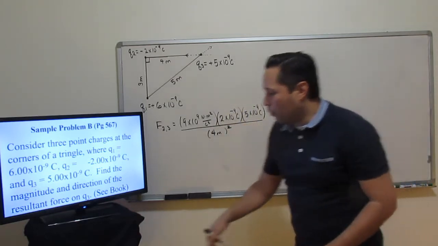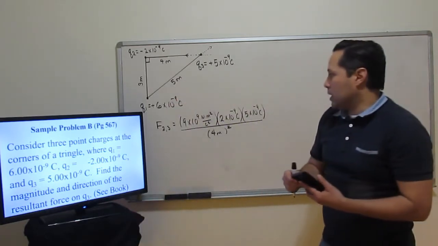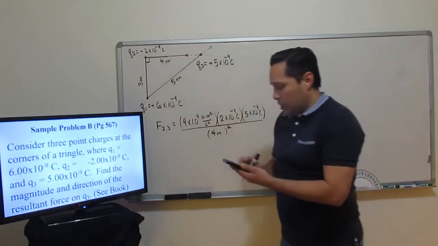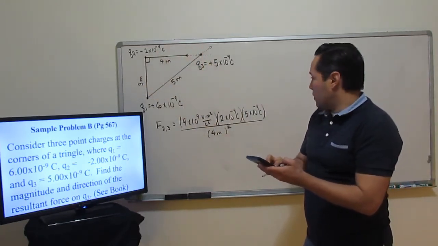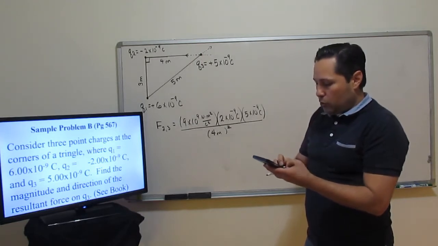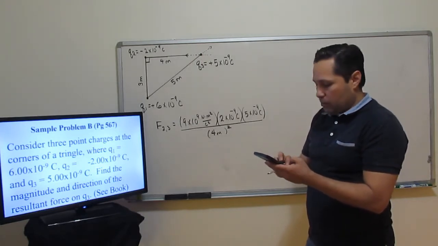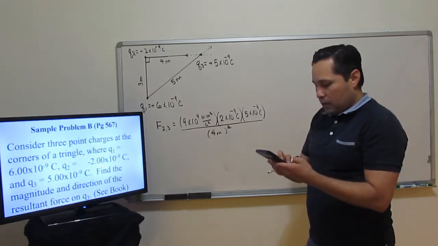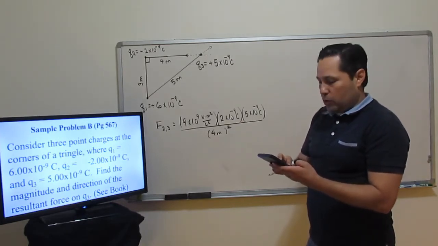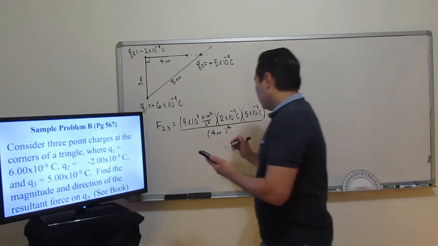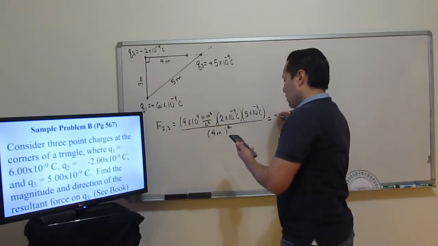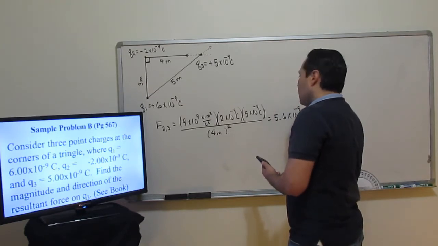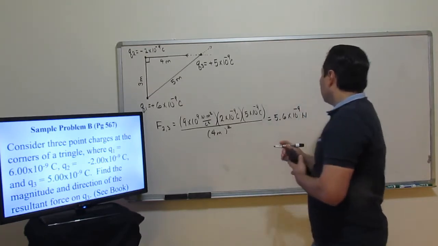Alright, so that will be the force between charge number 2 and charge number 3. Put it in the calculator, 9 times 10 to the 9 times 2 times 10 to the negative 9 times 5 times 10 to the negative 9 divided by 4 meters squared, which is 16, equals 5.6 times 10 to the negative 9, and that is newtons.